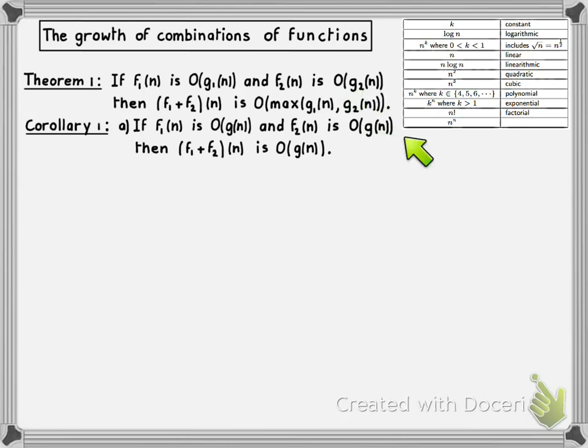So this is a special case of this theorem where both f1 and f2 are big O of the same function, namely g of n, so there's no need to distinguish them here. So if g1 and g2 are the same function, what is the maximum of those two functions? Well, it's just g of n. So therefore, it follows immediately that the sum of f1 and f2 is big O of g of n.